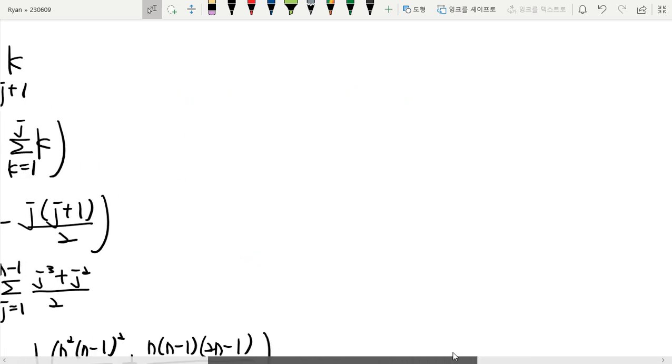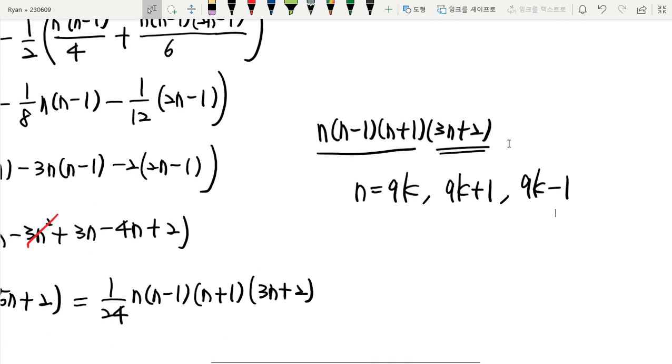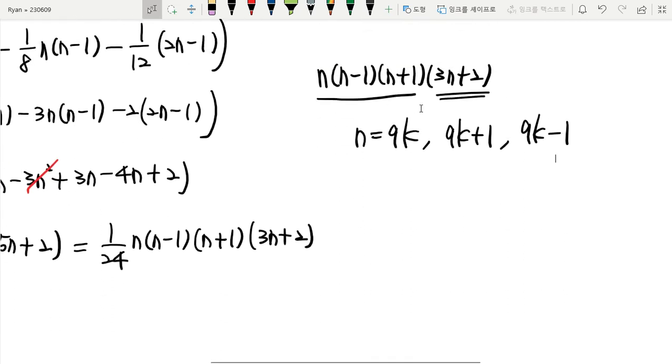Actually, we want to make the product a multiple of 72, but we already showed that this product is always a multiple of 8. So we only need to show this product is a multiple of 9. And if we want to find the 10 least values, we can start from k is 1. When k is 1, the first triple is 8, 9, and 10.